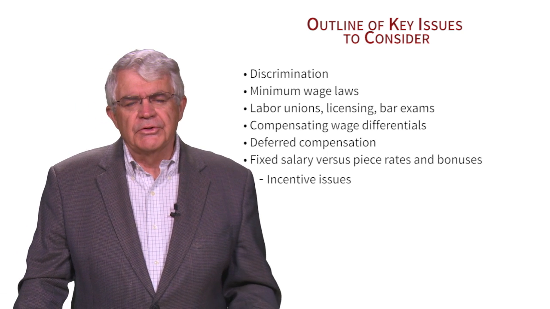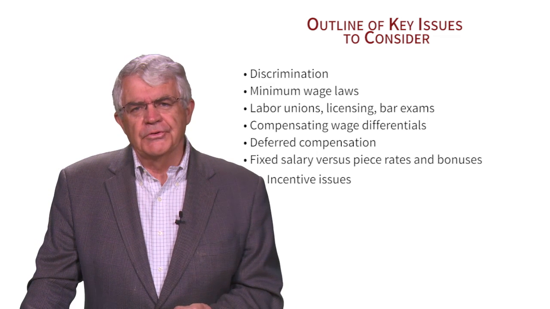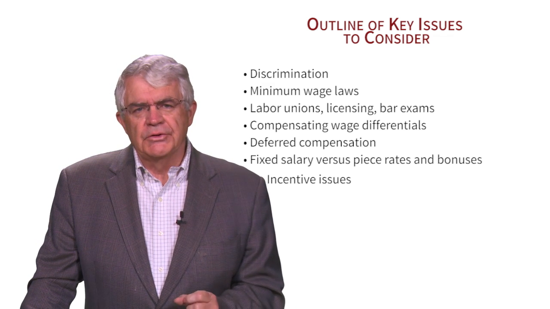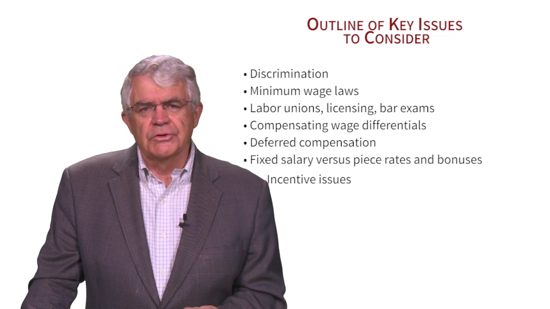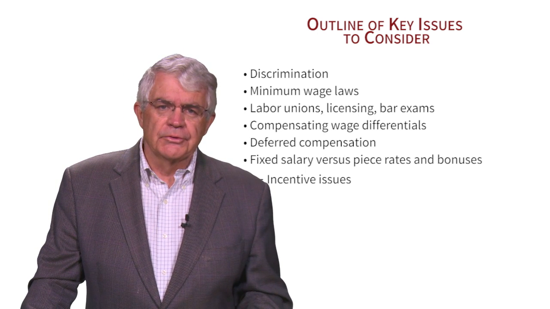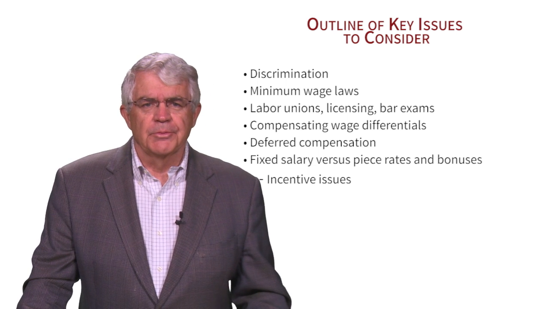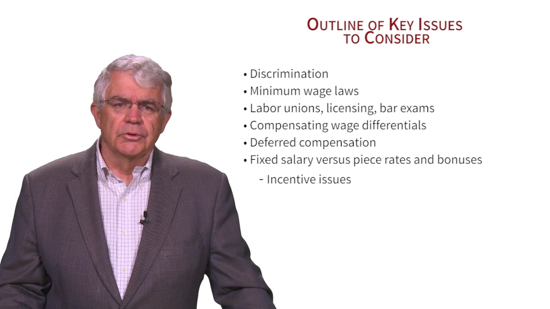So they're all related to incentives, and those incentives are at the heart of the supply and demand model. Incentives meaning people are trying to maximize their utility, if they're workers or consumers, or maximize their profits if they're firms. This is an example, several examples, of how we use the supply and demand model to consider important issues in the real world. Thank you.